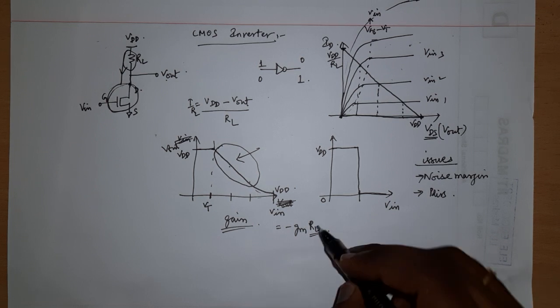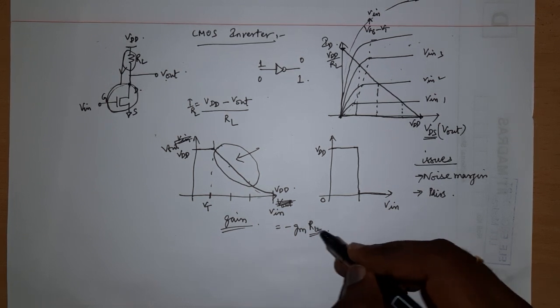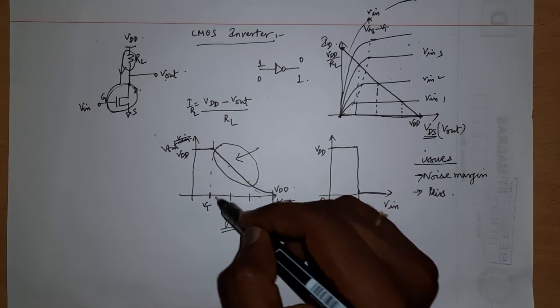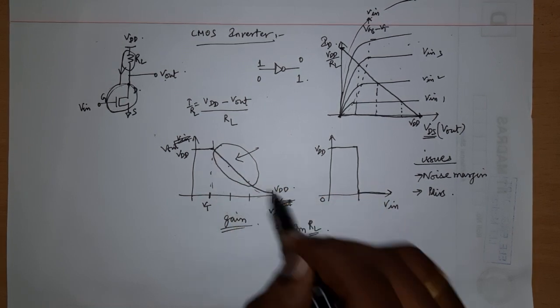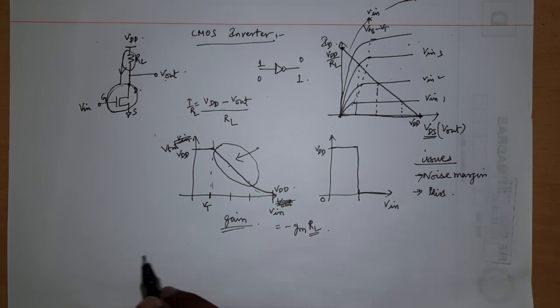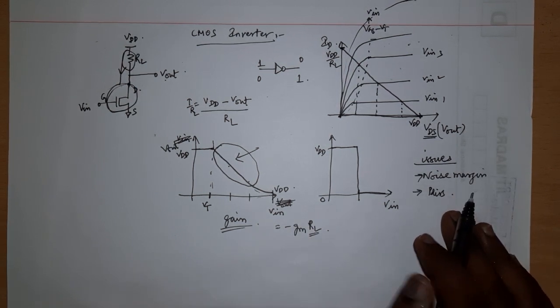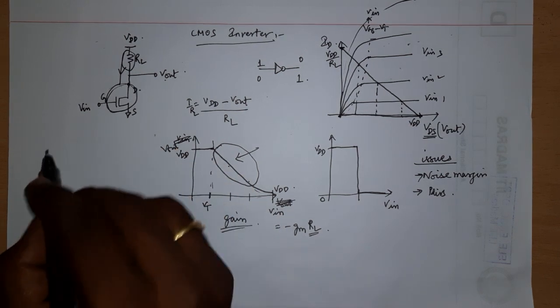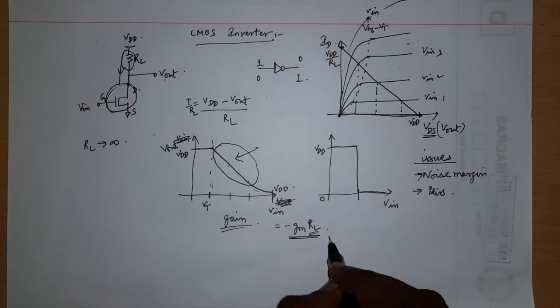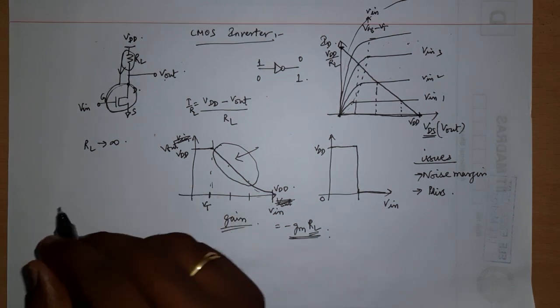Okay, so obviously you cannot get a higher gain if the RL is fixed. If you have a higher gain, the slope will be very large, right? If the slope is very large, then you will have sufficient noise margin and all these things will happen. Okay, so how to get a higher gain is the question. You will get higher gain when RL tends to infinity, because gain is minus GM RL. If RL tends to infinity, gain will be larger.